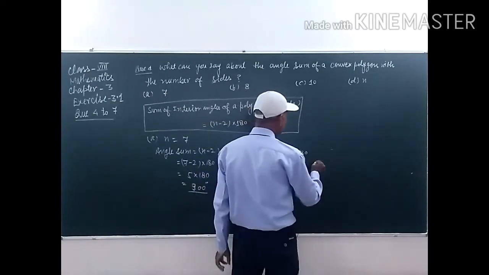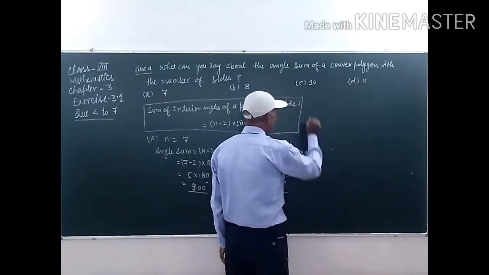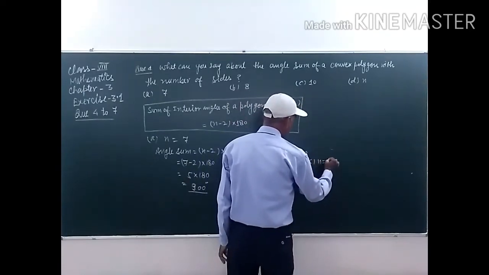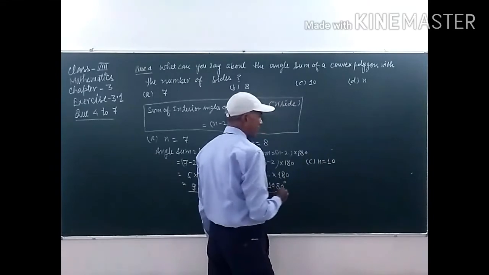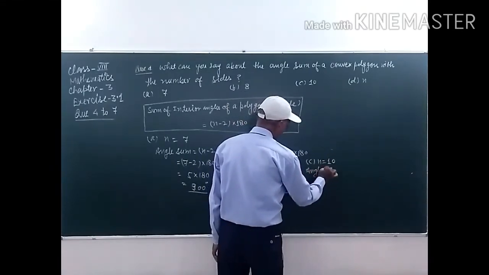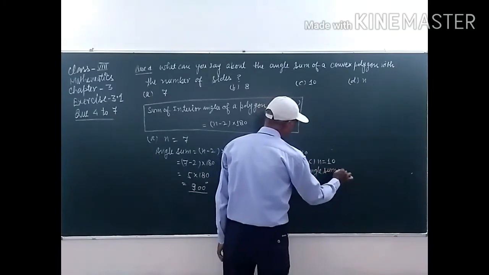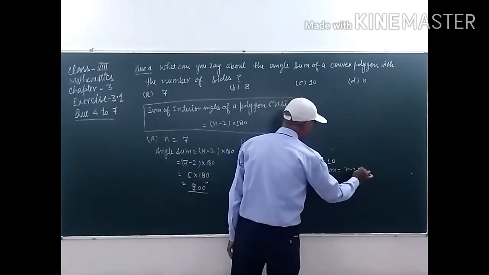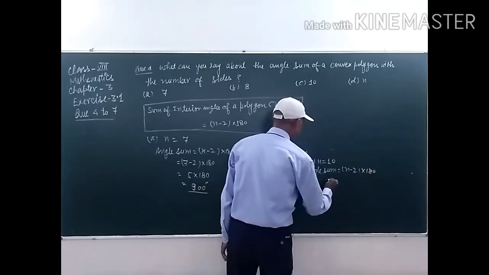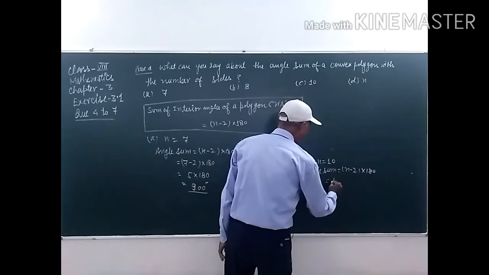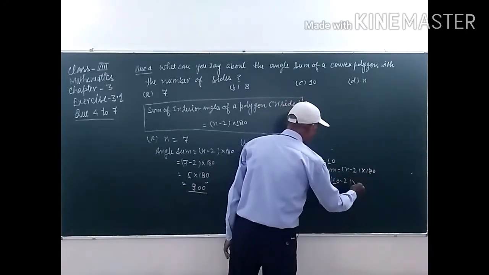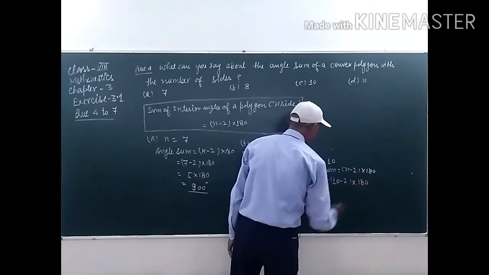Now in part C, if the number of sides is 10, n is equal to 10. So the angle sum will be n minus 2 into 180 and it will be 10 minus 2 into 180.